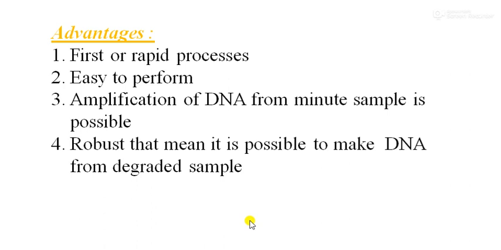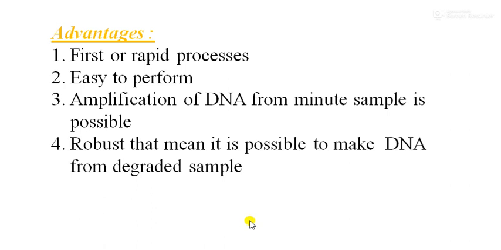So, what are the advantages of this process? First of all, it is a fast and rapid process, very quick. Number 2, it is very easy to perform. When we perform this process, we just enter the primers and enzymes into the PCR tubes, and put the tubes into the machine, that is the thermocycler.